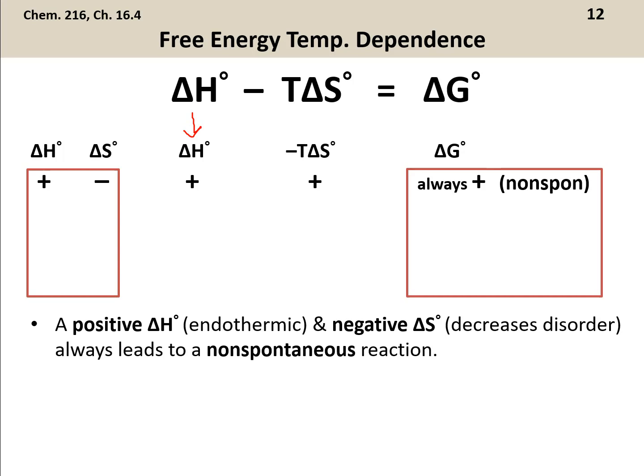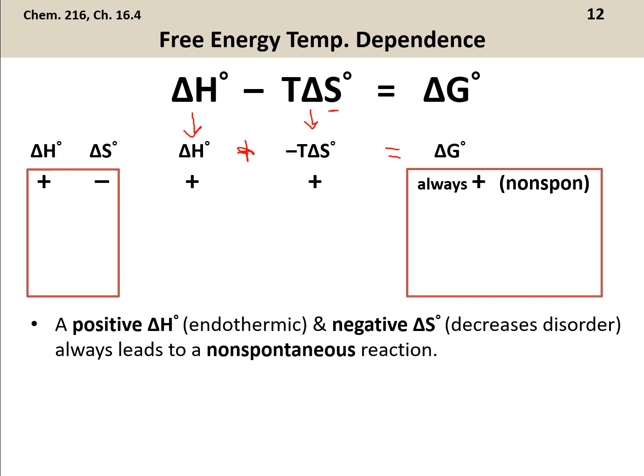And let's say delta S is negative. Well, that means that negative T delta S is going to be positive. So then, sorry, let me just add a plus sign. If I have a positive plus a positive, that's going to get me a delta G that's positive.